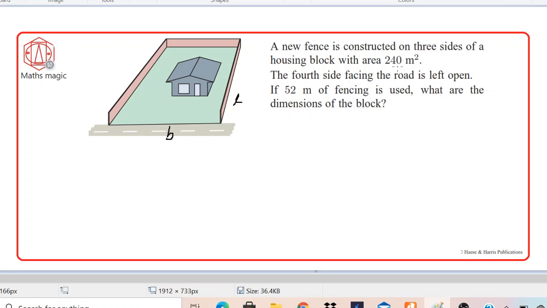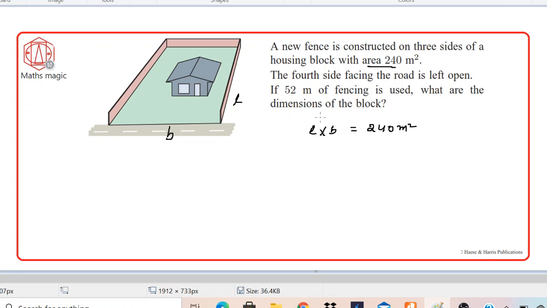The first information we have is that the area of this block is 240 meters square. It's a rectangular block, so the area is length into width, which is equal to 240 meters square.